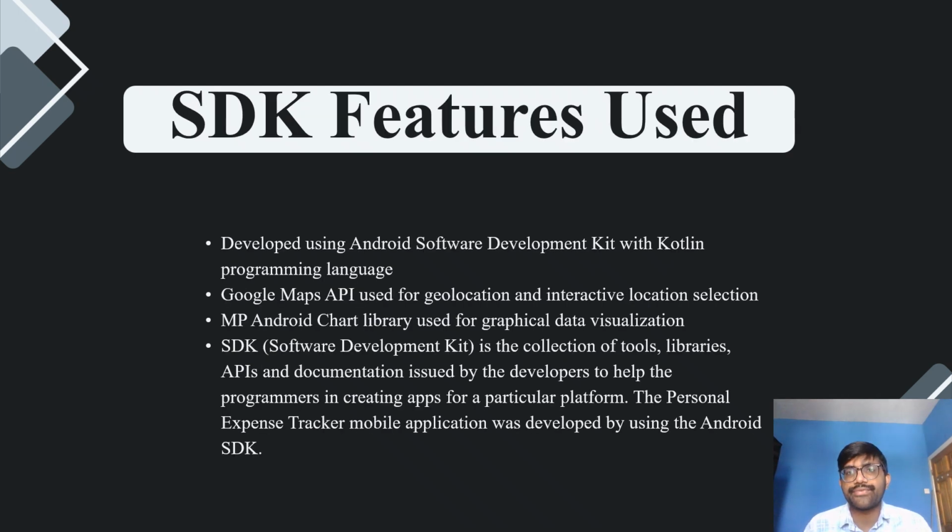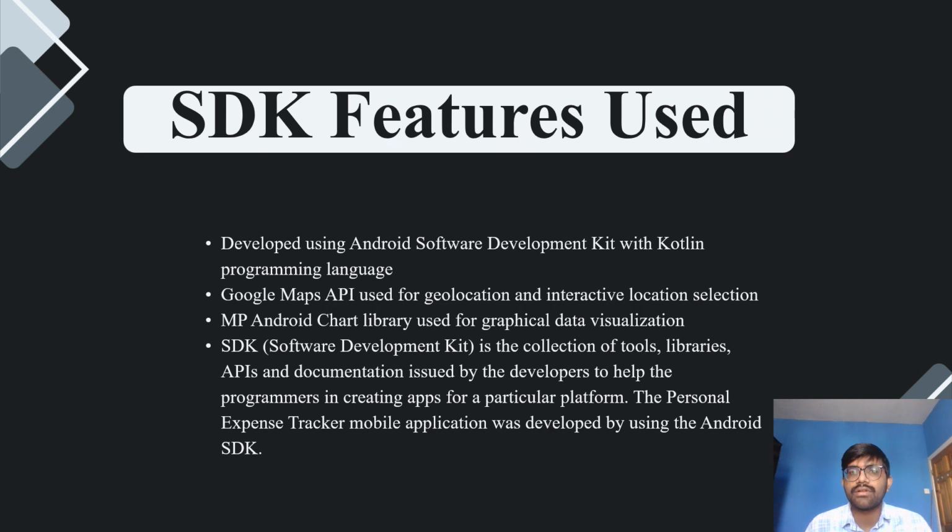These are the SDK features. SDK means software development kit. It is a collection of libraries used in Android Studio, and it is developed using the Android software development kit with the Kotlin programming language, as well as some XML layouts.